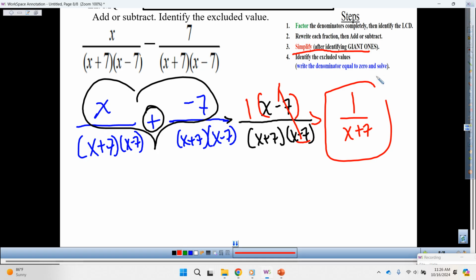From 1 to 5, how comfortable are you with this so far? So what's the only thing that changed? Talk to your neighbor. What's the only thing that changed for subtraction? What's the only thing you need to remember?